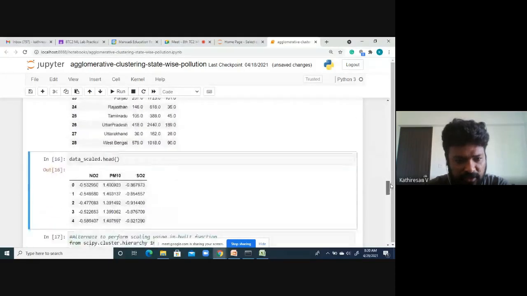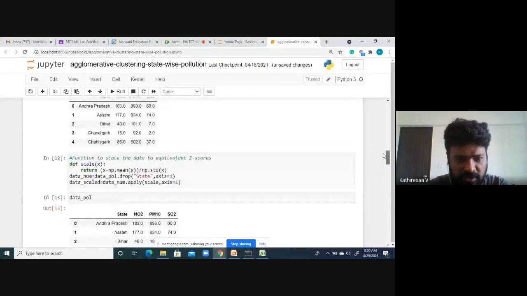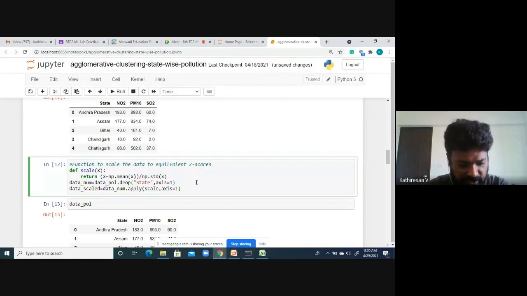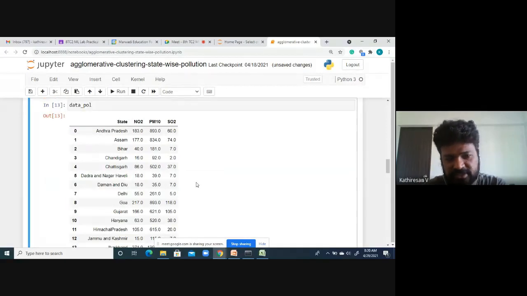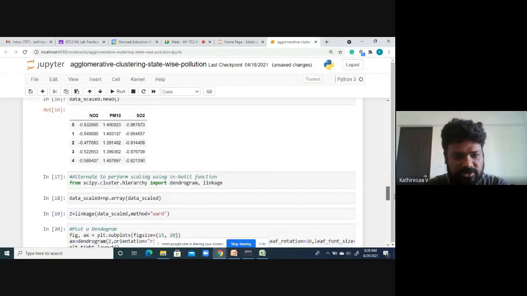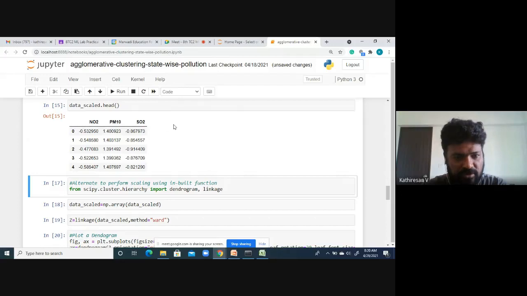And here one more important thing is we are going to perform standardization. I hope you know about standardization. Standardization is nothing but converting any kind of data distribution into a zero mean and one standard deviation data distribution.